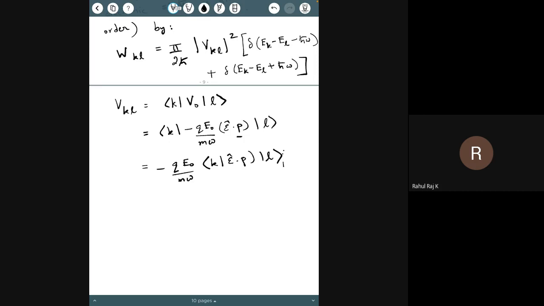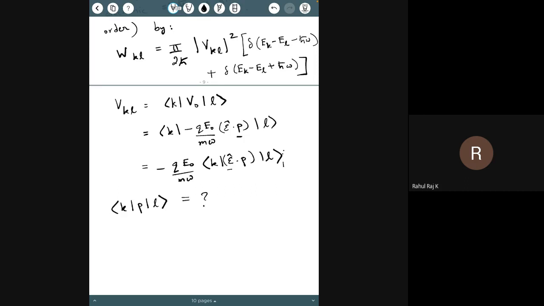So this is what you need. And how will you evaluate this E dot or epsilon dot? You can evaluate it after you get the matrix element KPL. So what you need basically is KPL.